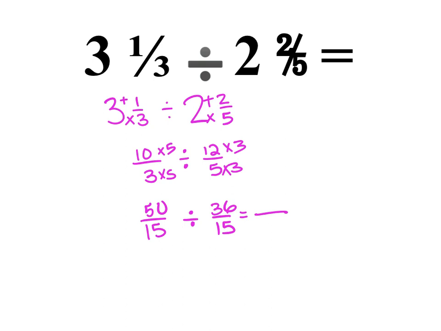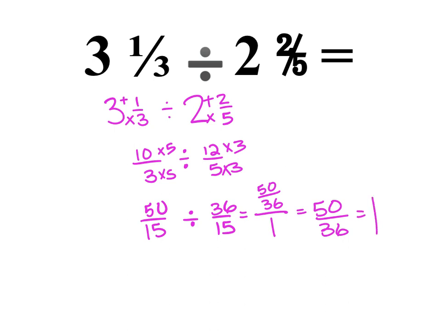All right, start at the bottom. 15 divided by 15 is 1. 36 doesn't go into 50, so we are going to leave that as 50 divided by 36, which equals 50 over 36. How many 36s can you take out of 50? That would be just 1.